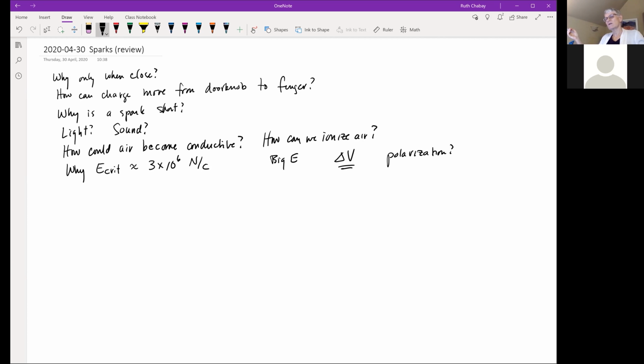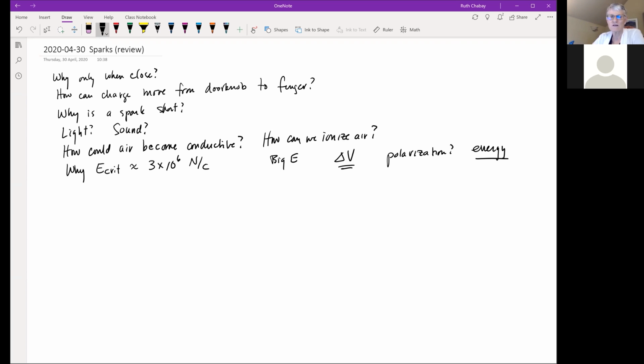Okay, so we need a big field. So you're all saying we need a big potential difference, we need a big field. That's absolutely right. But the question is, why? What does it do? Okay, so why is a big field important, and what happens? We have energy also, so we might need to think about energy here too.